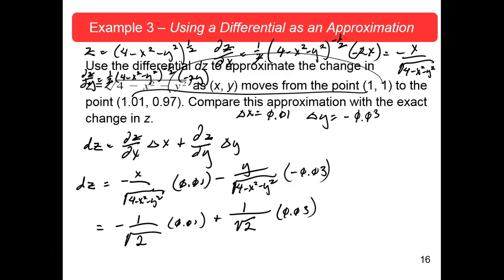Okay. Now, looks like time for a calculator to me, and see how much the z has changed. Negative 1 divided by the square root of 2 times 0.01, plus 1 over root 2 times 0.03.